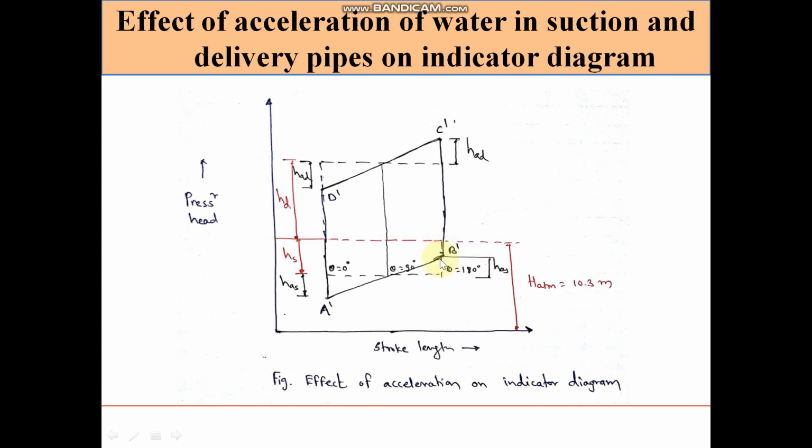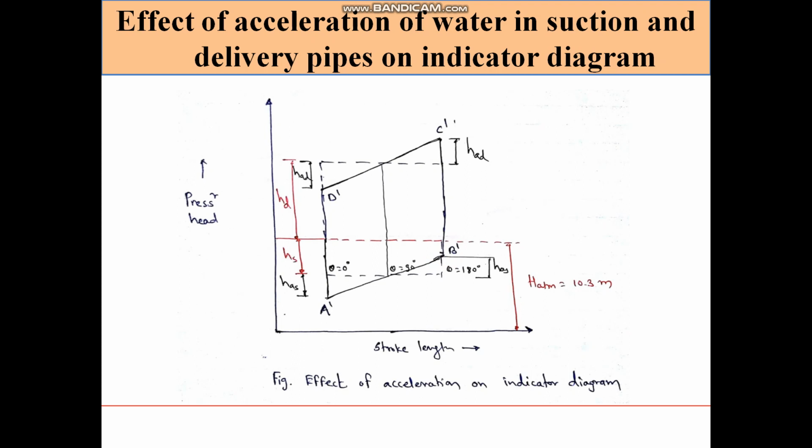So line A dash B dash is representing the suction stroke when variation of acceleration of water is considered.